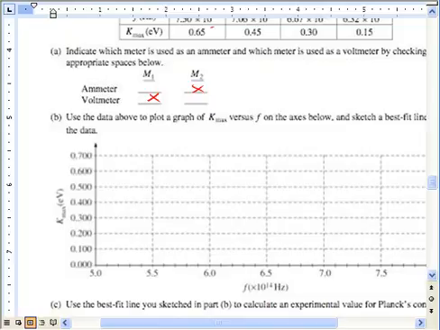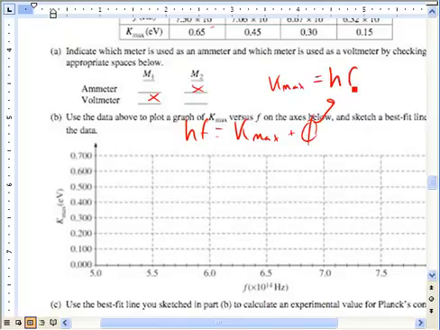It makes a line because, if we remember, the energy in equals the energy out: the energy that the light gives the electron is equal to the energy to free the electron plus the energy to move, which means K max equals hf minus phi. That is in the form of a line.